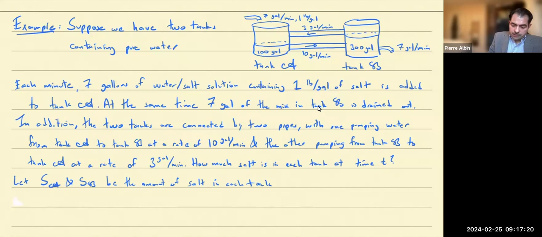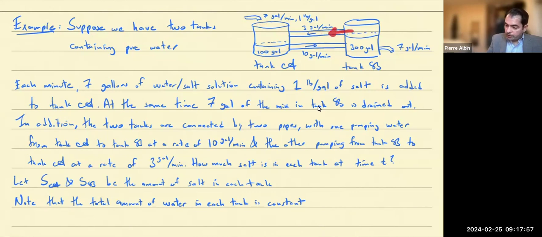So note that the total amount of water in each tank is constant, right? Because for tank A, you have 7 gallons coming in from here and 3 gallons coming in from there, and then 10 going out. And tank B, you have 10 coming in, and 3 going out and 7 going out.